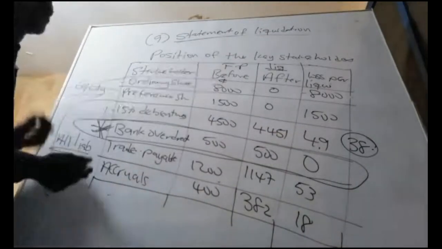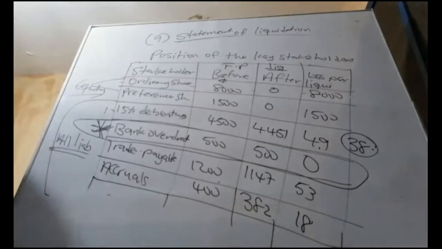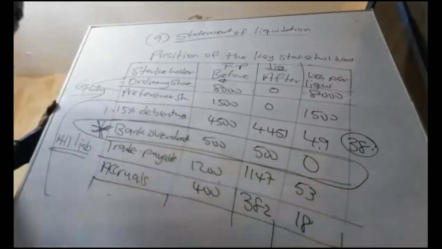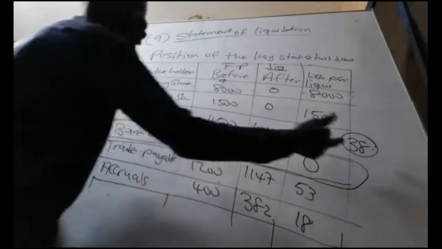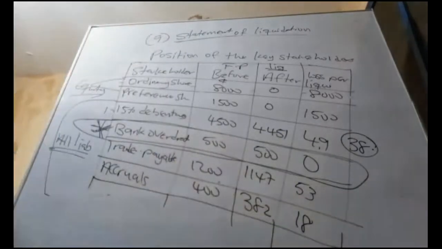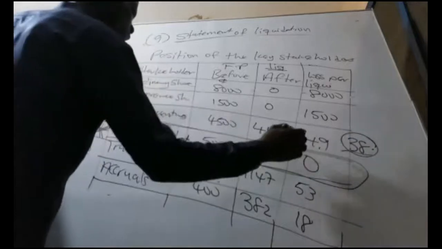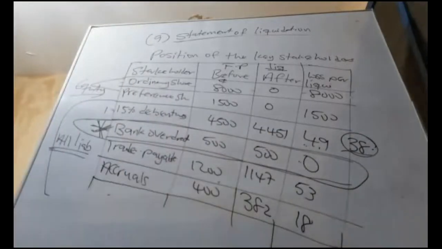So if they say we should lose 38, I think it's reasonable. We go for the cheaper loss. The company is struggling, and if we allow them to liquidate, we are going to lose 49 million. Let us accept their proposal of 38 and move on. Please watch out for something like that. It has to be on the bank overdraft, so you'll be fine. Now let's move on.